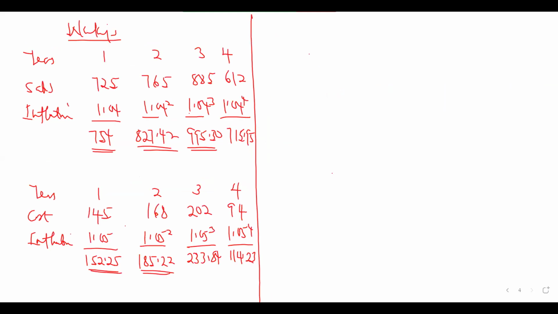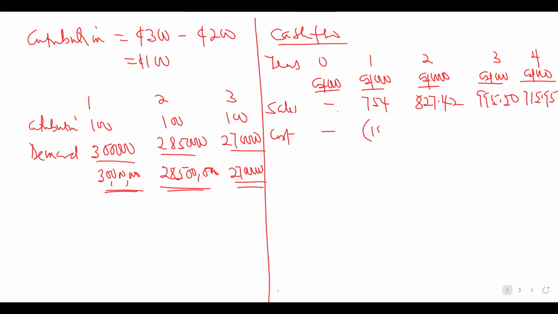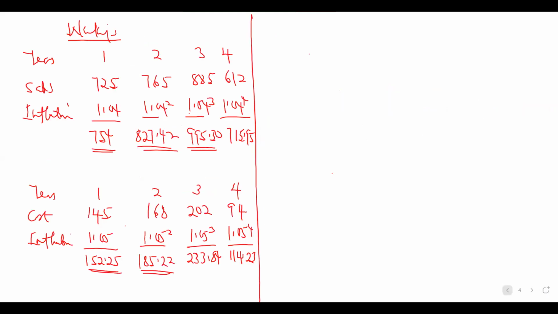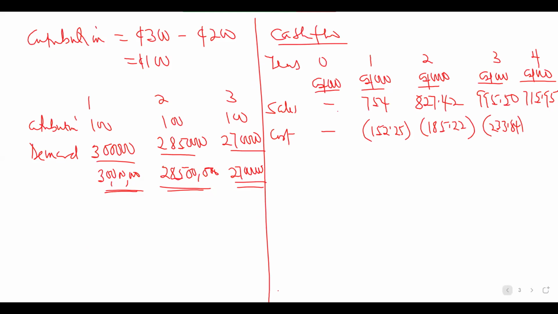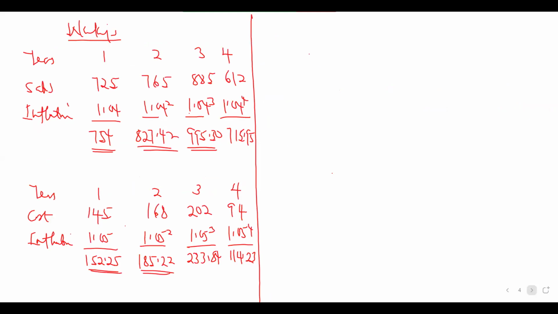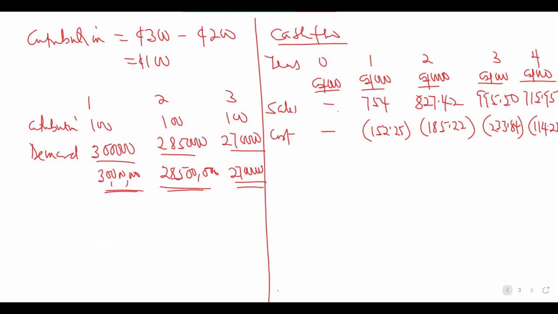The cost for the first year will be 152.25. Second year will be 185.22. Third year will be 233.84. Then we have the last, 114.26.